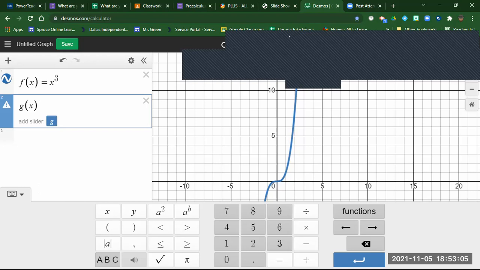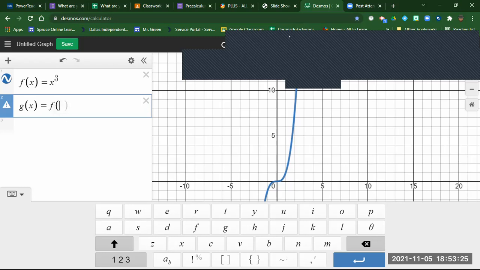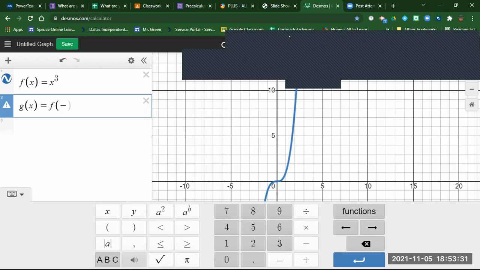And we're going to do this to f of x. So we're going to reflect it across the y-axis, not the x-axis. That means I'm going to take f and go inside f to negative x. This is how you do a reflection. Now you see it flip? That's a reflection across the y-axis.